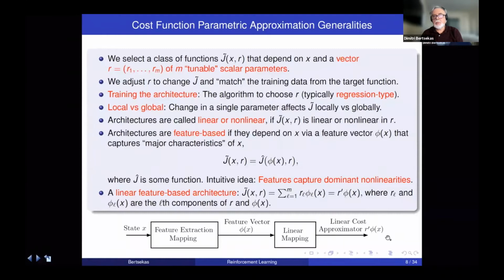We do it by using some kind of optimization training algorithm that we haven't discussed so far. Okay. So what is needed here is to have an expression for the feature vector, to be able to extract features. And then after that, this is the architecture, and then you have to train it to find the right values for R, so that this matches data that you have.